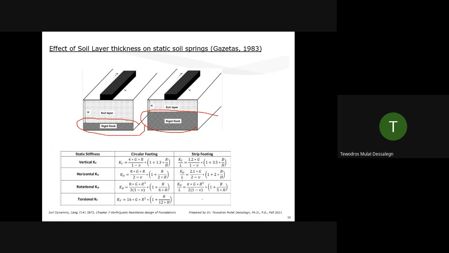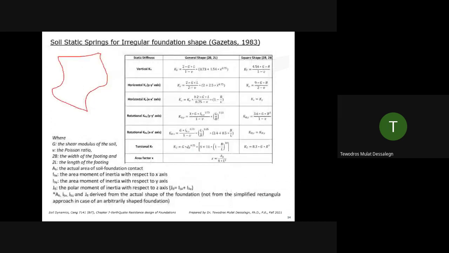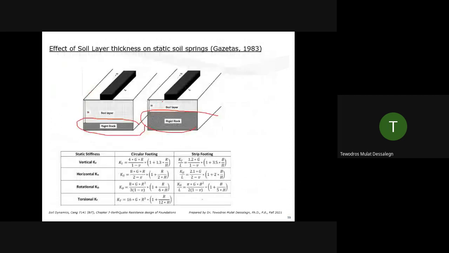So if a structural engineer asks you to develop soil springs, you can consider all sorts. Even if the foundation is irregular, you can use the previous table. Even if the soil layer has bedrock at shallow depths, you can use correction factors.